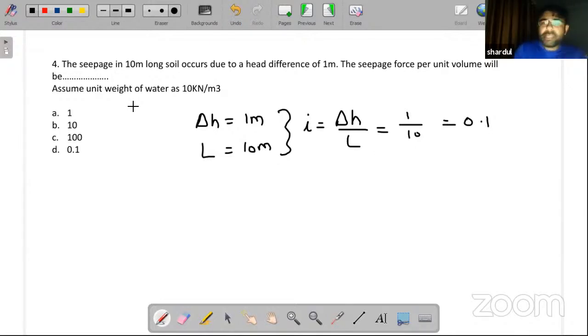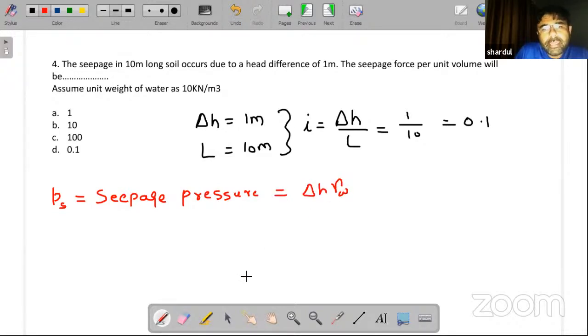The seepage force per unit volume. So first of all, let us calculate the value of seepage pressure. What is seepage pressure? That is delta H gamma W. This is the value of seepage pressure, or I can write it as delta H by L into gamma W. I have divided and multiplied by L, so it will become i L gamma W. This is the seepage pressure.